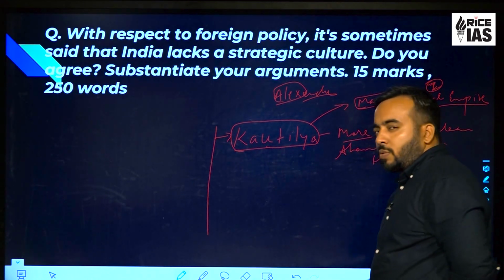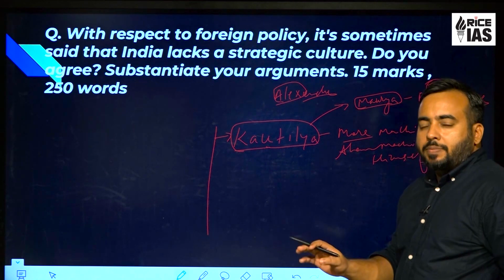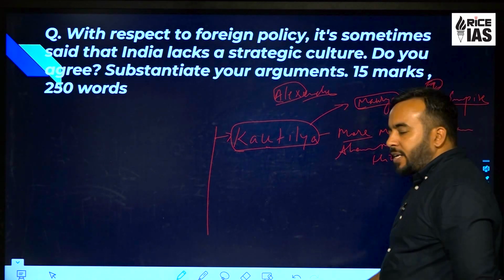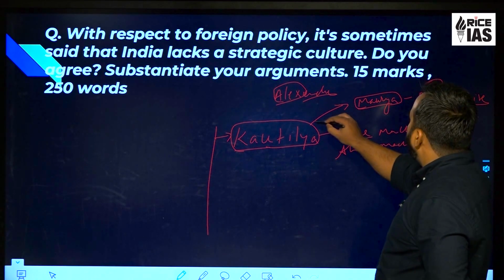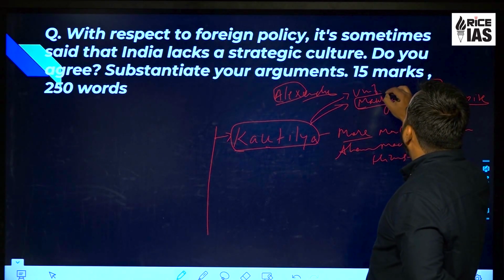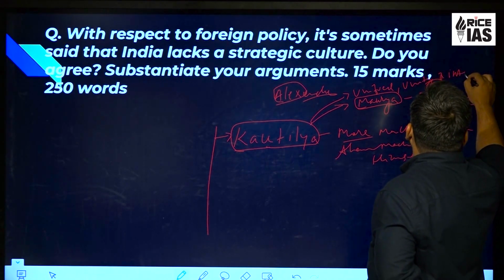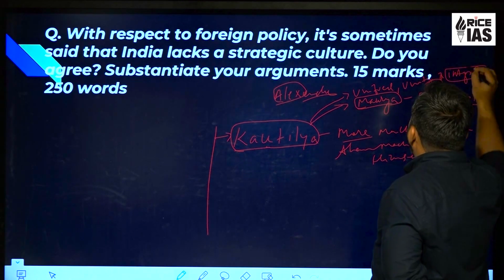India was divided into multiple principalities, smaller sovereign kings who were infighting among themselves. So he unified them all, unity and integrity of India, and laid the foundation of the empire.